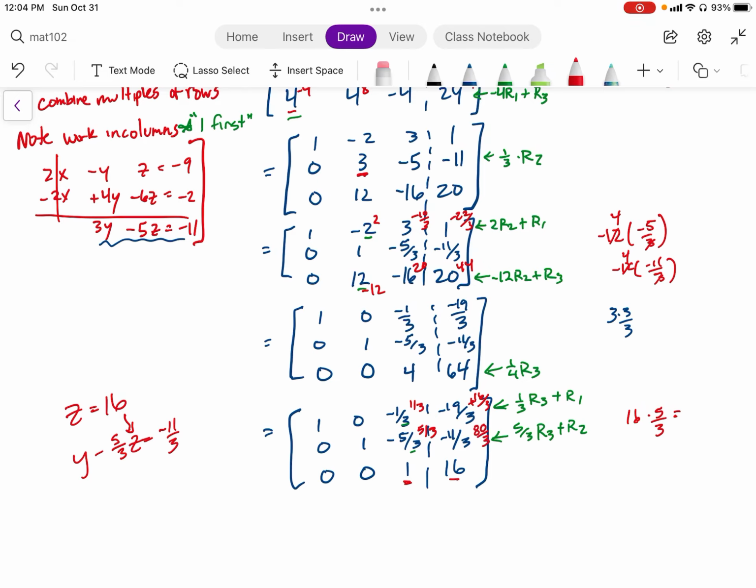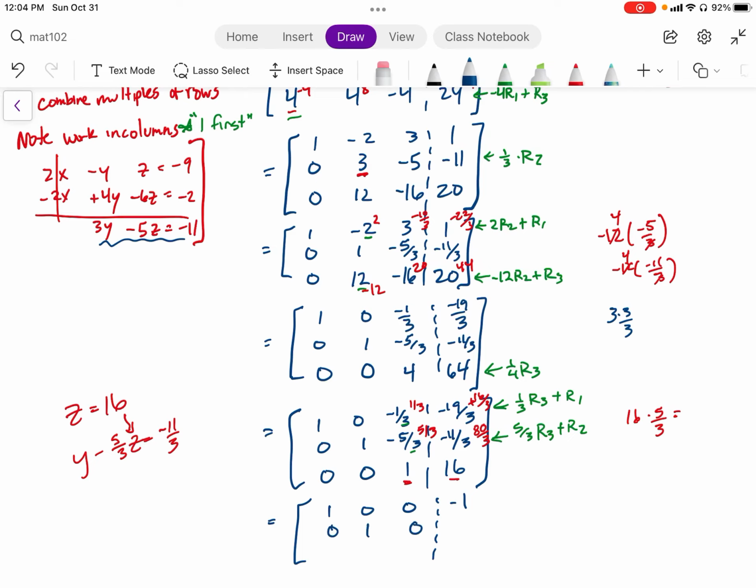All right. So close. 1, 0, 0. And we have our x. It is negative 19 thirds plus 16 thirds is negative 3 thirds, right? Which is negative 1. Our next row, we have 0, 1, 0.